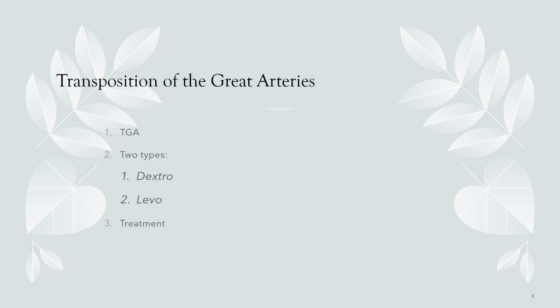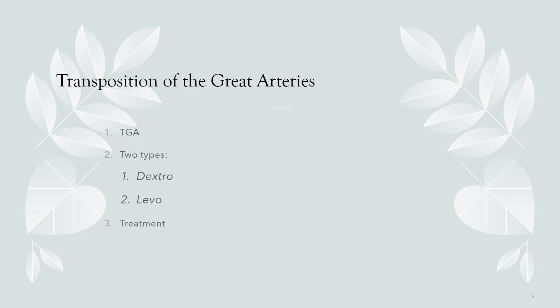But I may just refer to it as dextro for short. So, a dextral loop occurs during development, causing the great arteries to be transposed. An explanation of dextral would be that the aorta arises from the anterior ventricle, and the pulmonary artery arises from the posterior ventricle.